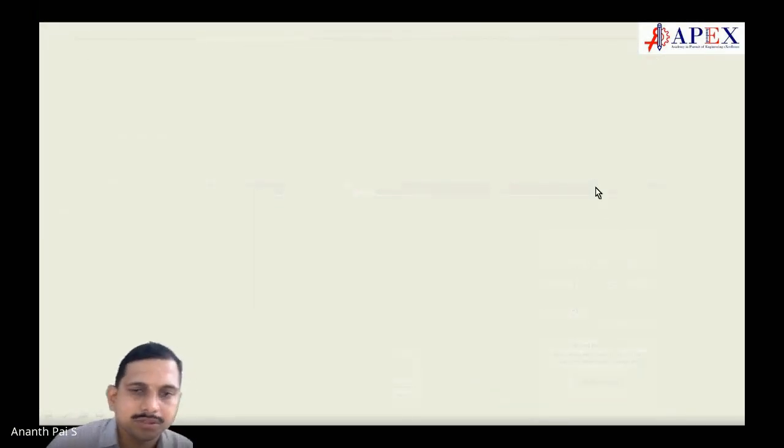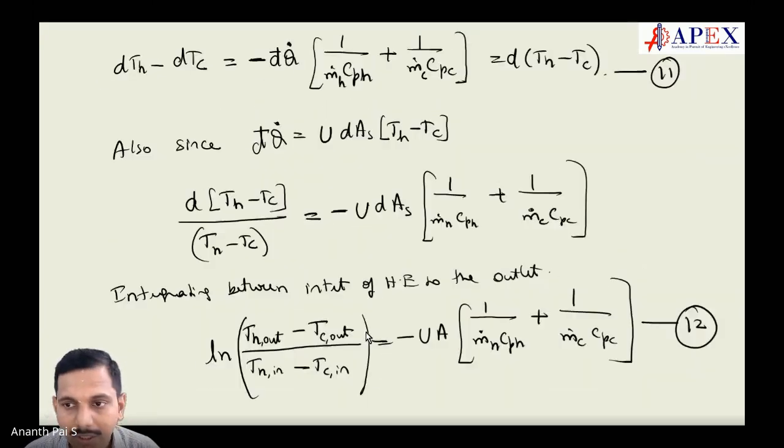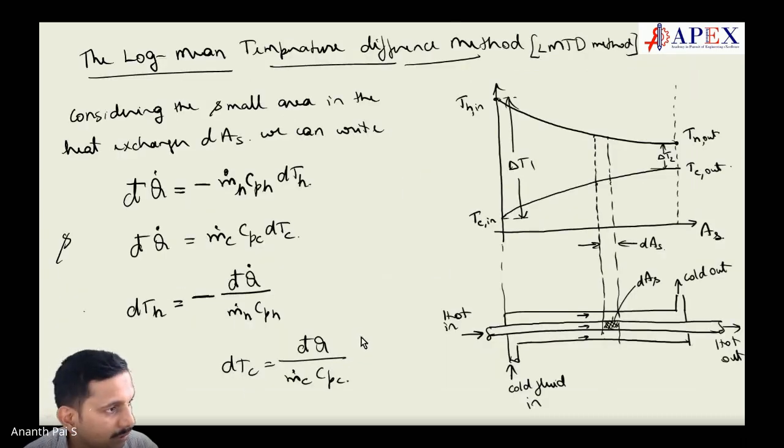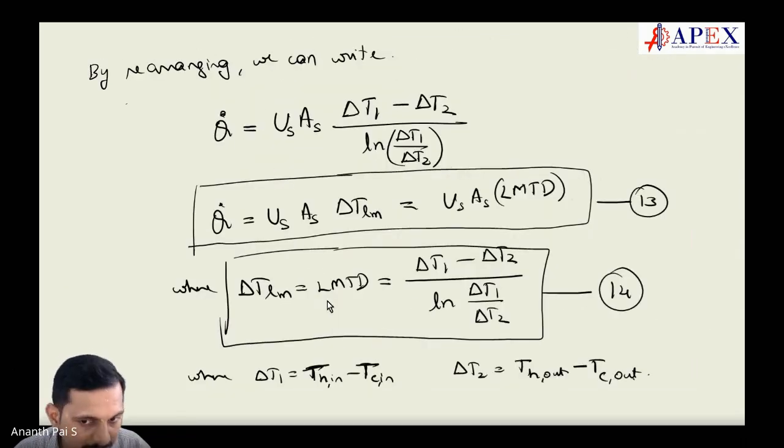Yes. So we were seeing about the delta TLM, which is log mean temperature difference. In case of the parallel flow, delta T1 is TH in minus TC in, and delta T2 is TH out minus TC out. And the log mean temperature difference was coming this.